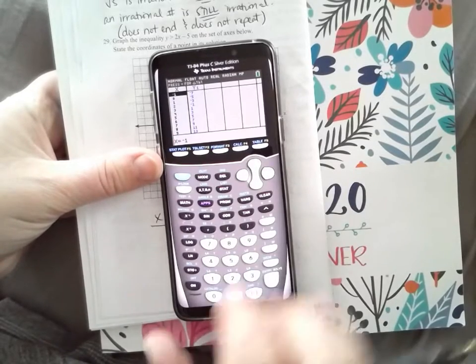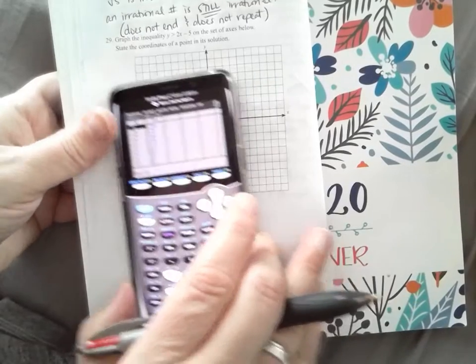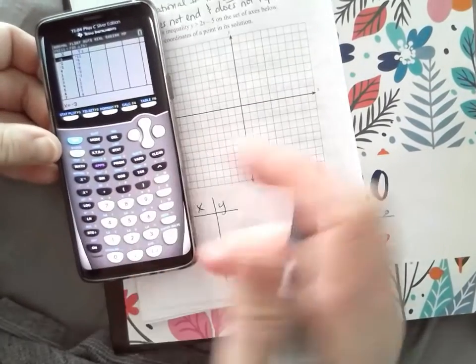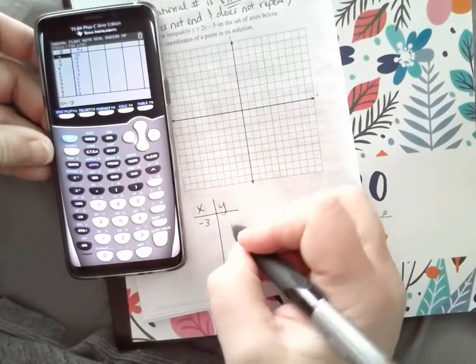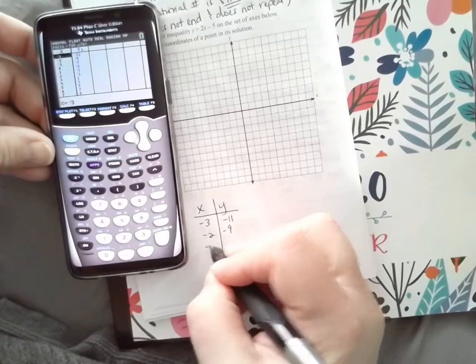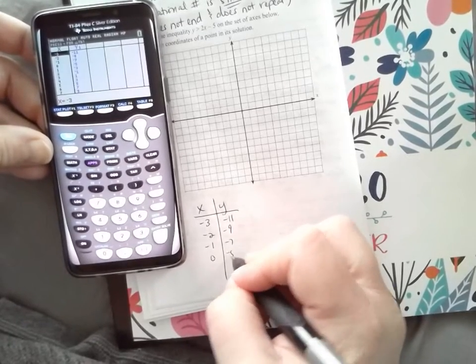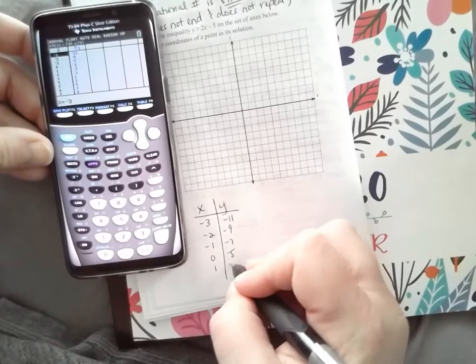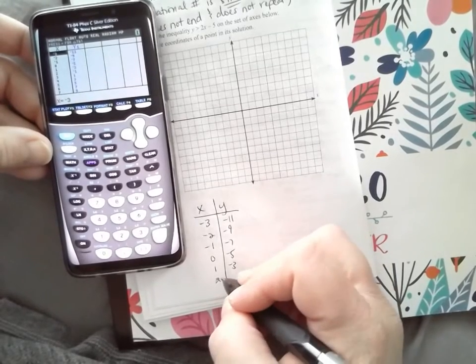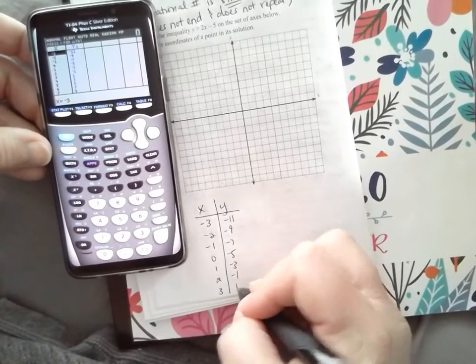And I'm going to copy my window, maybe a couple negatives, and a few positives. So -3, -11, -2, -9, -1, -7, 0, -5, 1, -3, 2, -1, 3, 1.